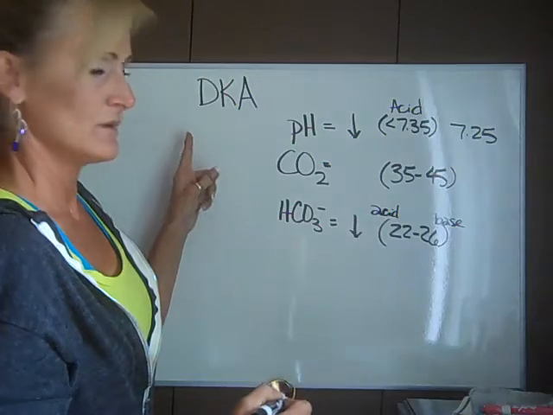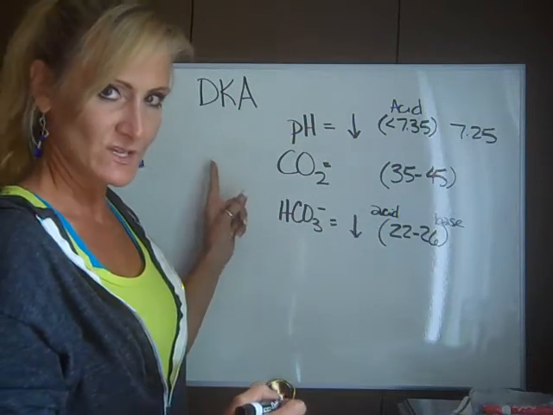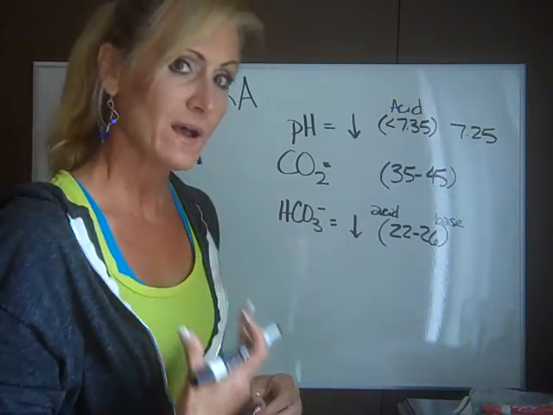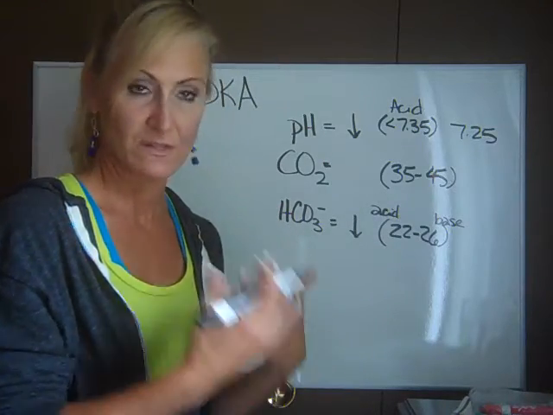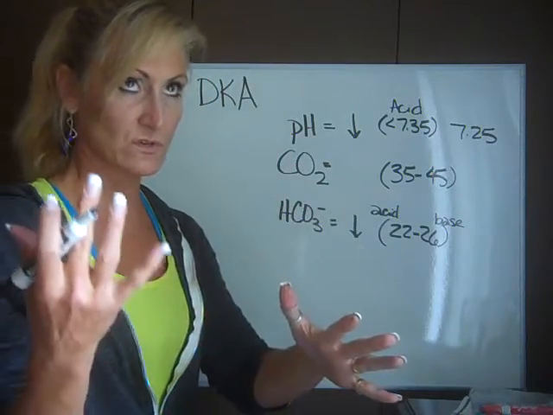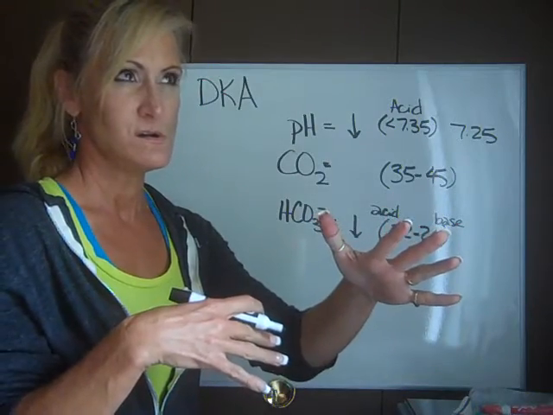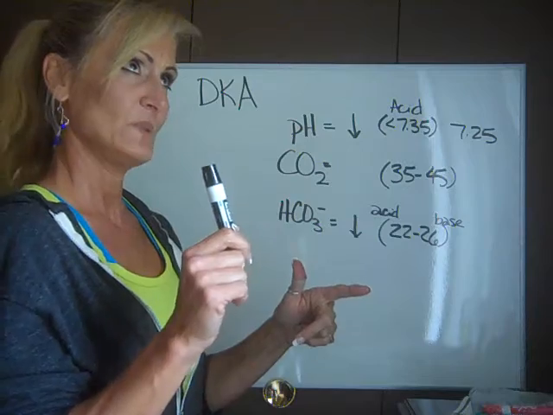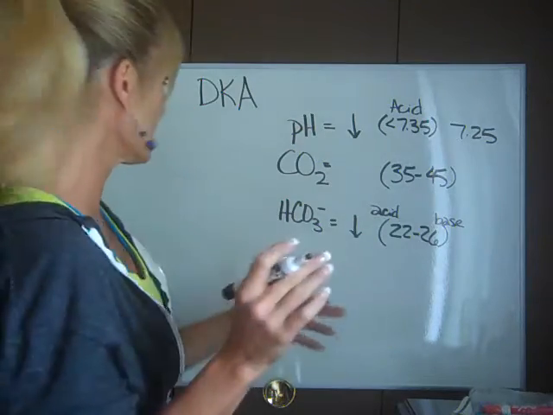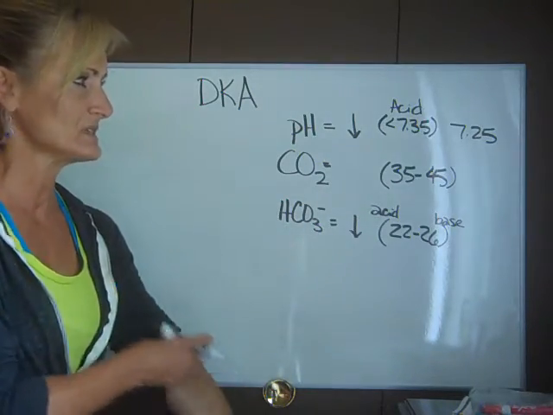In a patient who has diabetic ketoacidosis, what else do you see is going on with that patient? That's very common. I'm sure maybe you guys haven't learned this yet. You might not have learned this yet.